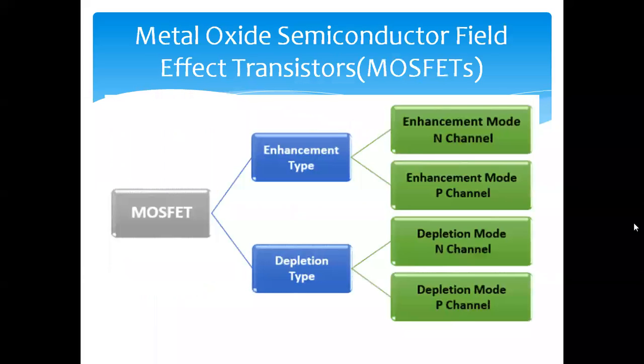Okay, now what are different types of MOSFET that we can have? Basically MOSFET is of two types: enhancement type and depletion type. In enhancement type, you have an N channel enhancement mode and a P channel enhancement mode. Similarly in depletion type, you have an N channel depletion mode and a P channel depletion mode.